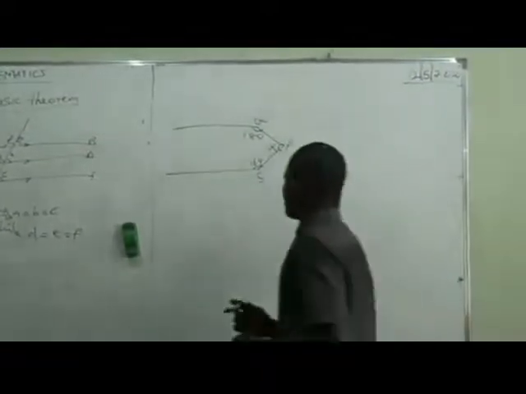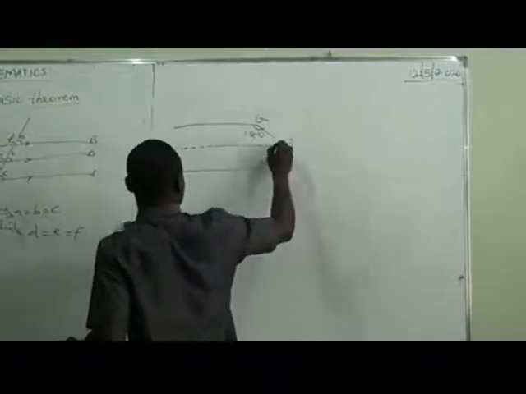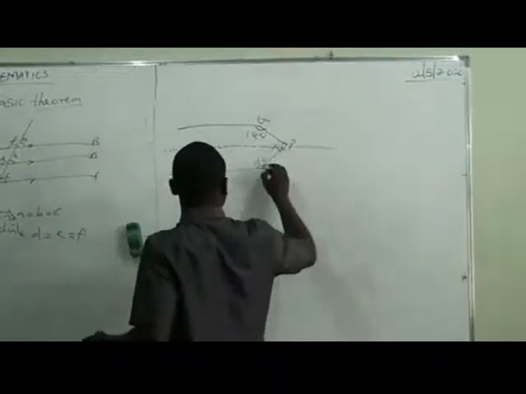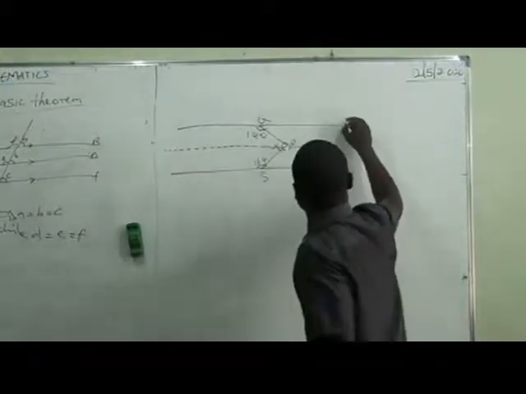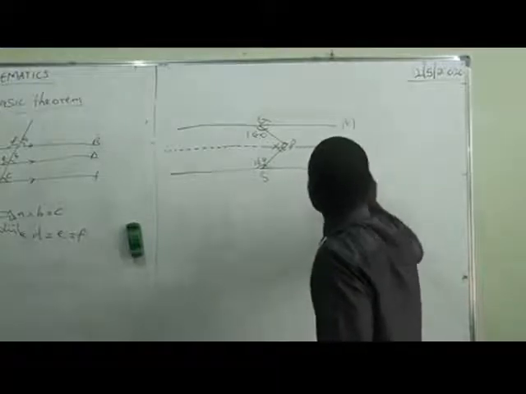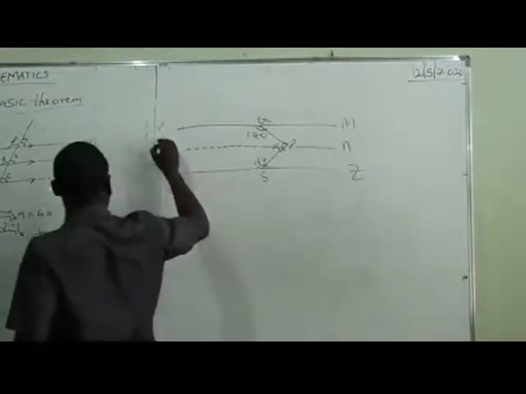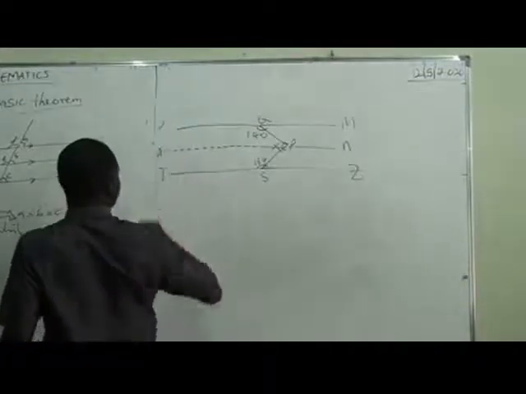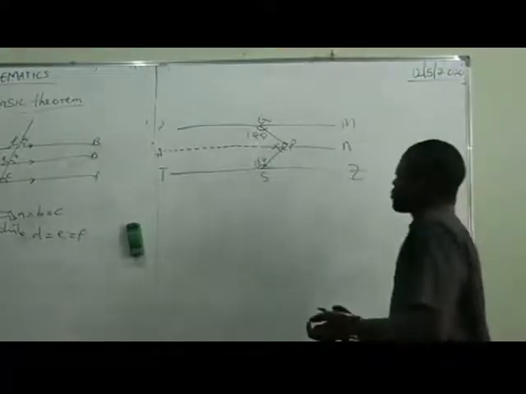Before anything else, we are going to mark a straight line here. You can mark here an unknown variable of your choice. I decided to use n and z. Now you have t, you say a, t here. I want to find x. That is what we are looking for now.